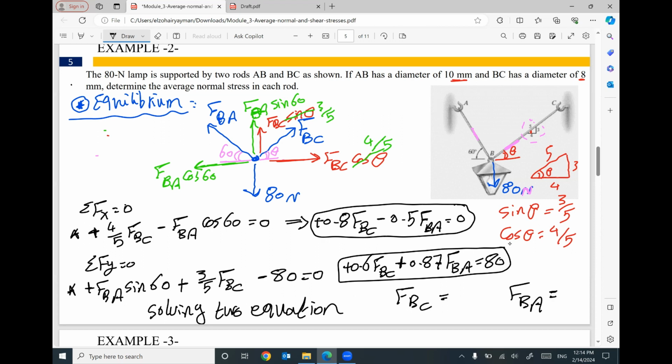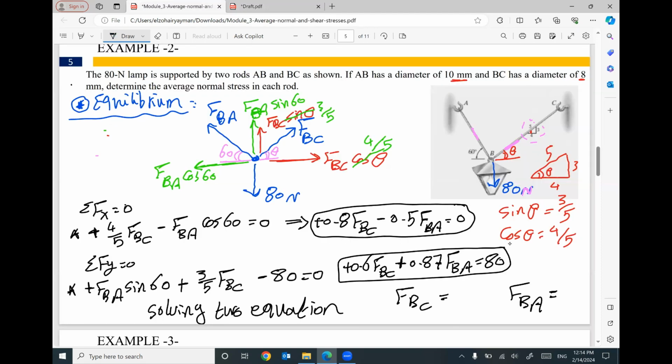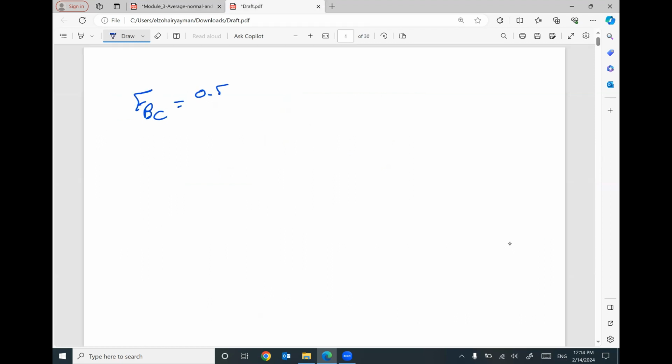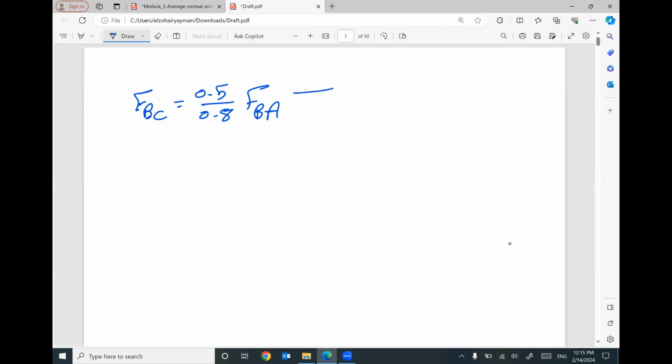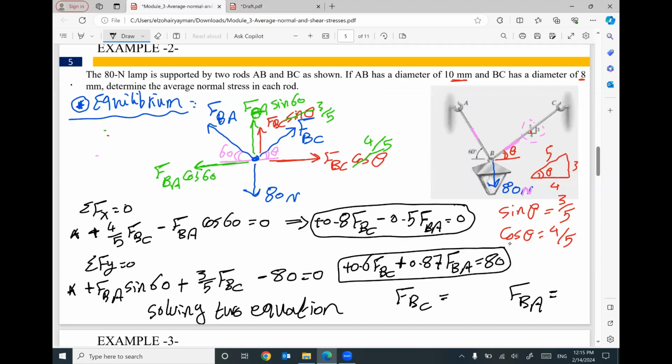How to solve the two equations together? It's very simple. From equation number 1, FBC will equal 0.5 divided by 0.8 FBA. I just moved this term to the other side. It will be positive 0.5 FBA and then divided by 0.8. So this is the first one. In the second one, I will remove FBC and put this value.